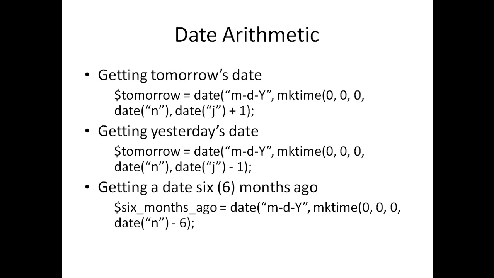Just keep that in mind if you're doing any type of date arithmetic, for example determining how many days it's been since your client last got an email if you're sending emails automatically. That's one way to utilize it. Anyway, just a heads up there.